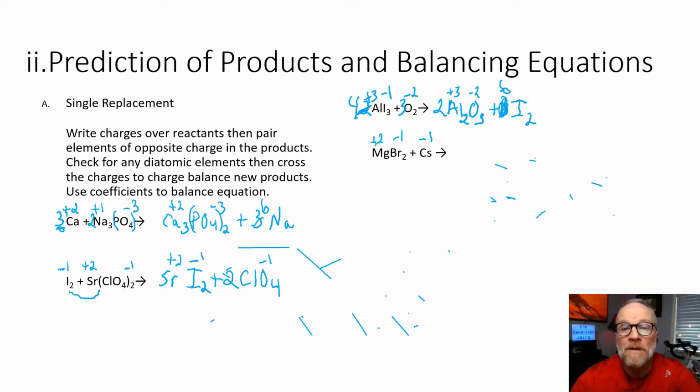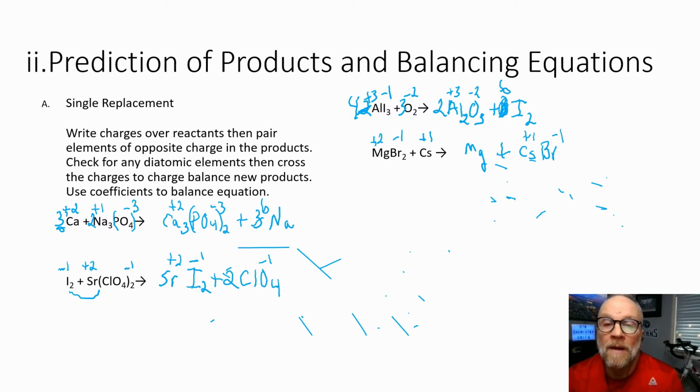So magnesium is going to dance with cesium. Excuse me, cesium is +1. So magnesium is going to be by itself, and cesium, since it's +1, is going to dance with bromine, which is -1. So there we go, and then we will balance.